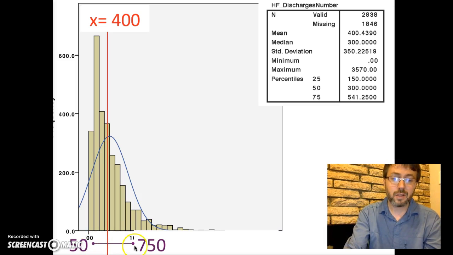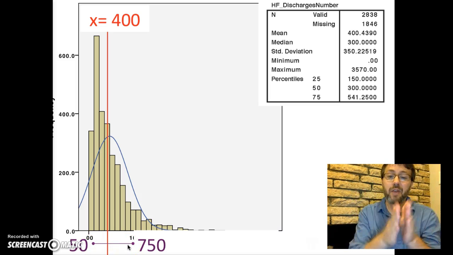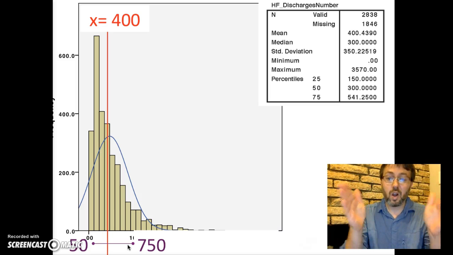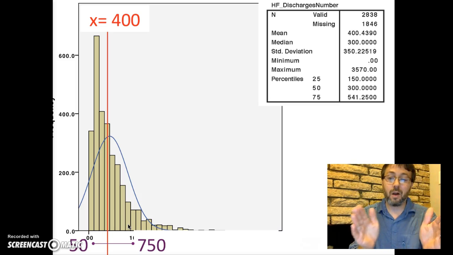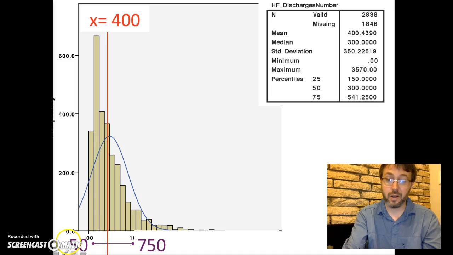So these dots on the purple bar are at approximately the 50 and 750 mark. The large spread shows you how much diversity there is in these data. And given a mean of 400, a spread of nearly 700 points on either side is quite a large amount of variance.